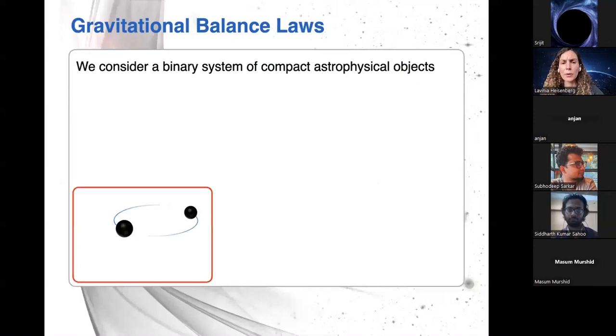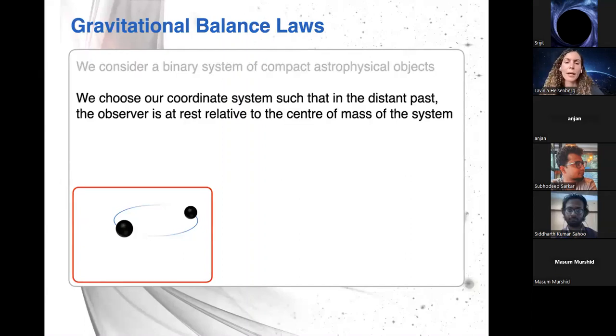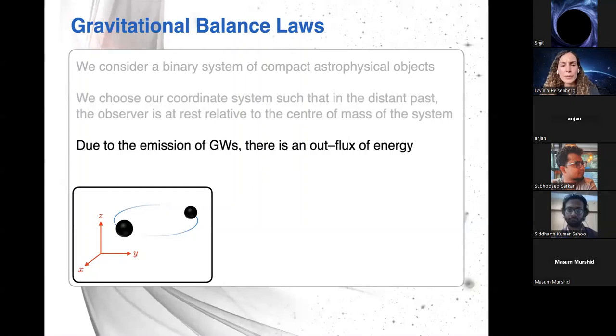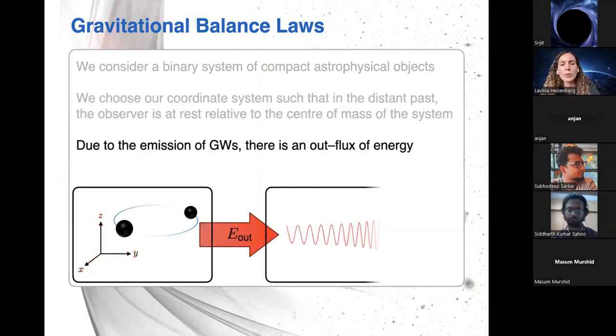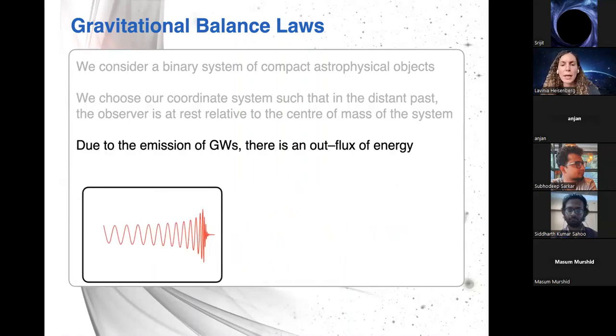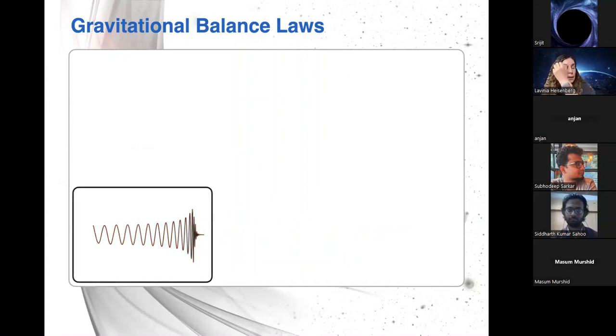Okay, so we consider a binary system of compact astrophysical objects, two black holes, and we choose our coordinate system such that in the distant past, the observer is at rest relative to the center of mass of the system. And due to the emission of gravitational waves, now there's an outflux of energy.